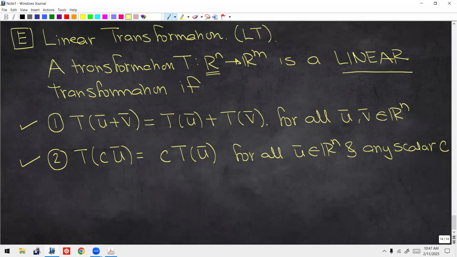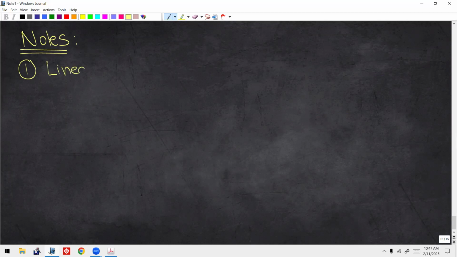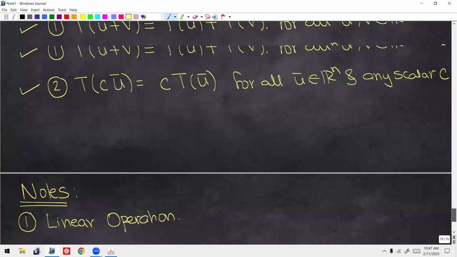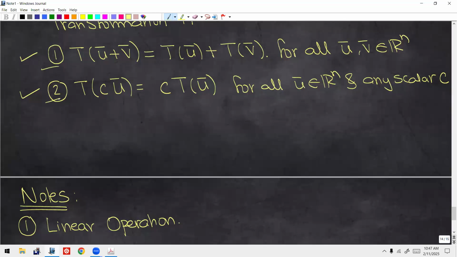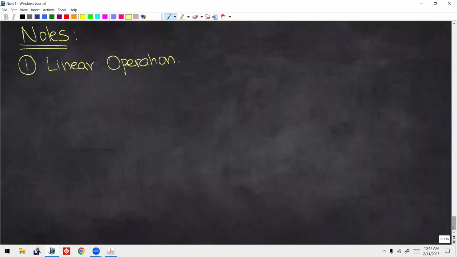Okay. Let me write down a few notes. Not all transformations are linear, just so you know. The first note I want to talk about, just to give you some correlation to things you've done before, is a linear operator. In math, a linear operator is anything that literally satisfies these two conditions, and you've come across many over your lifetime in math.